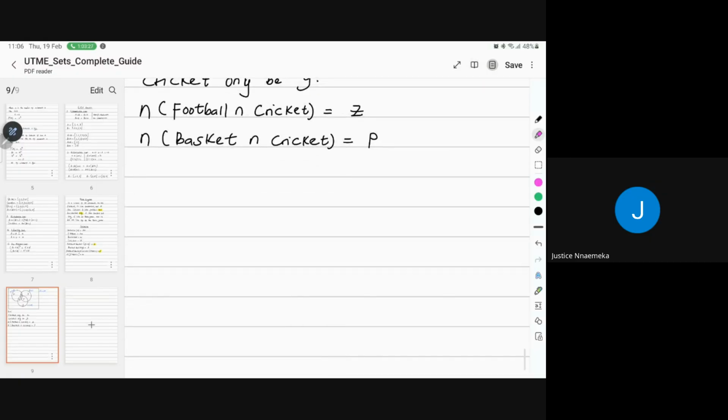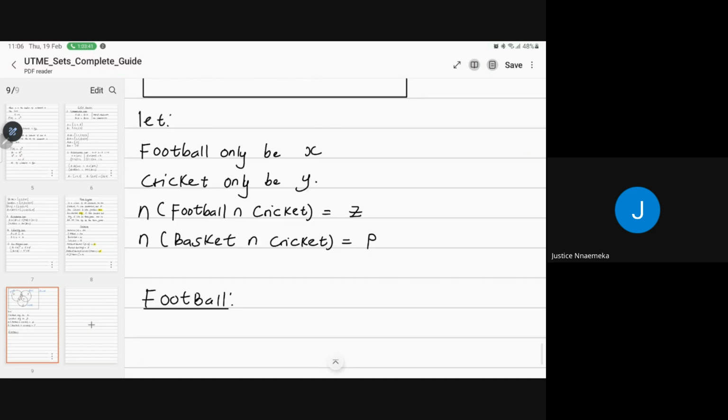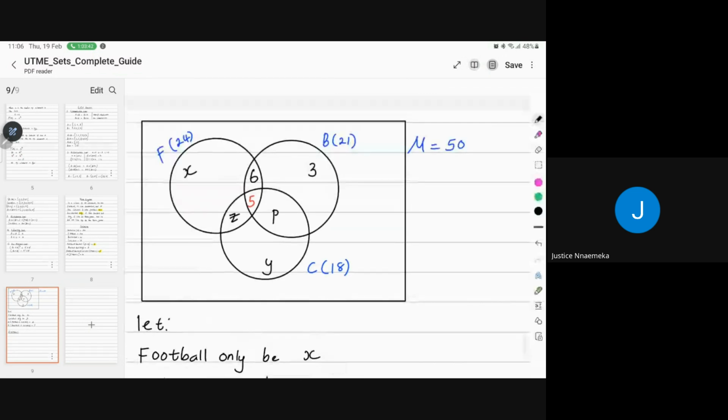So first of all, let's look at the equation for football. So let's consider football. I'm going to take everything that is within the circle for football. Now check the number so we can keep track of it. So for football, we have x plus 6 plus 5 plus z is equal to 24.